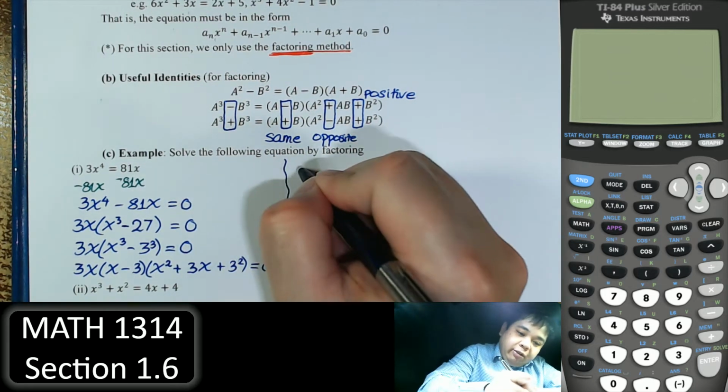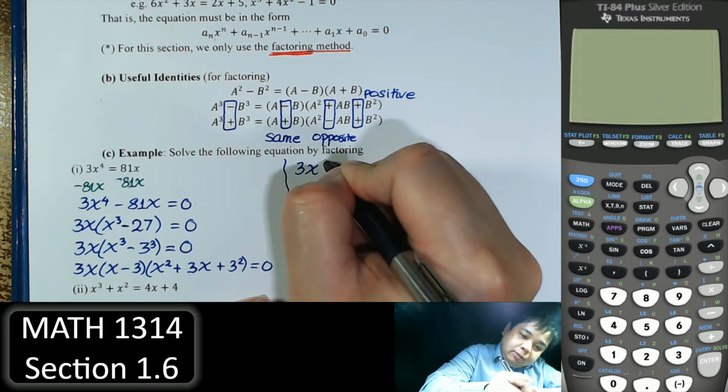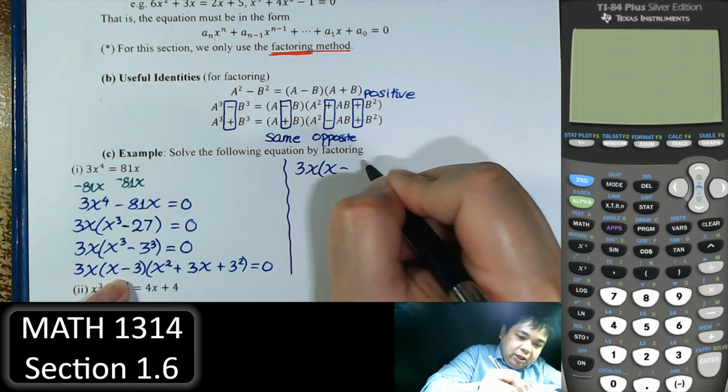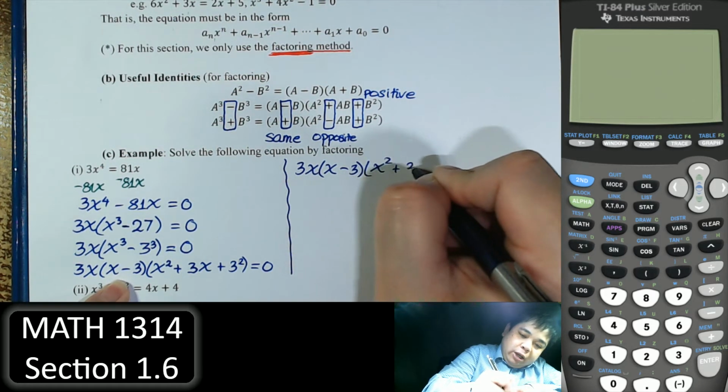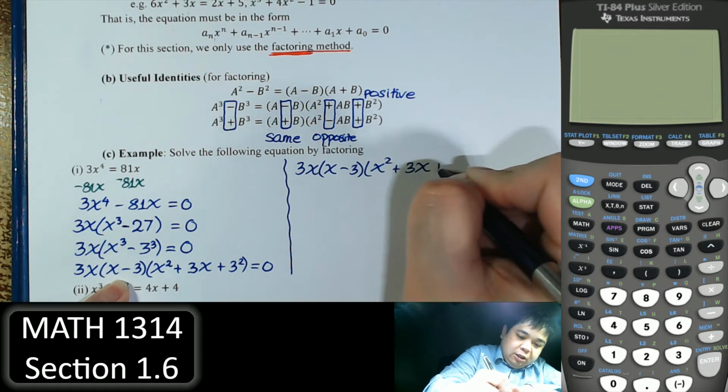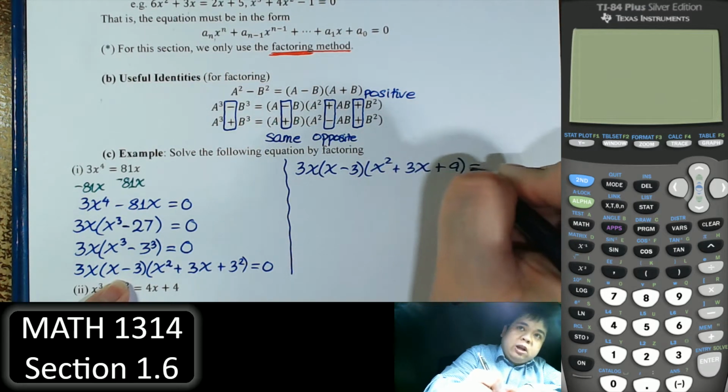So here we have 3x times x minus 3 times x squared plus 3x plus 9 equal to 0.